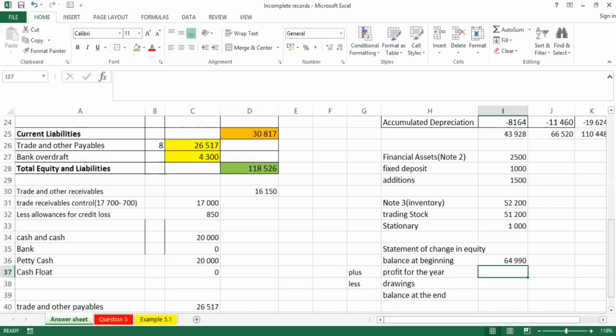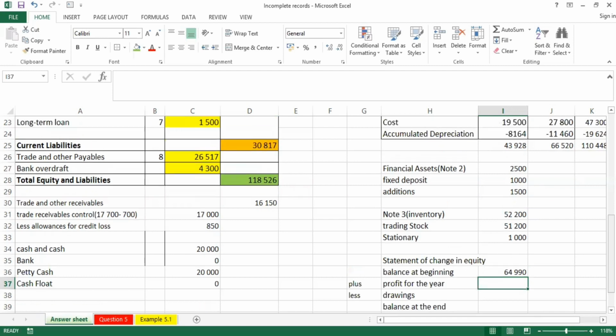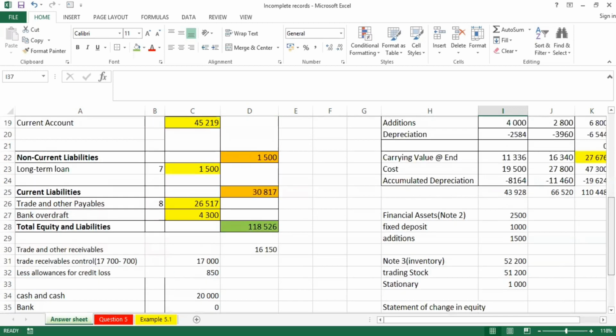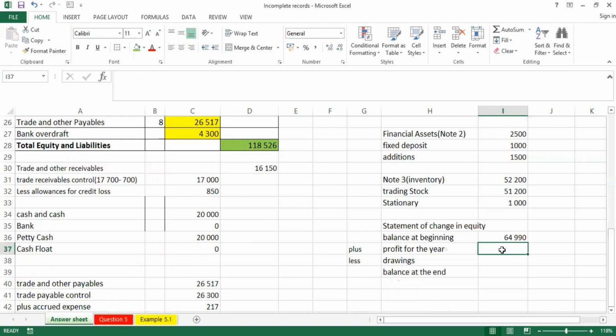Our profit for the year, we also know how to calculate, which we got as 45,219.